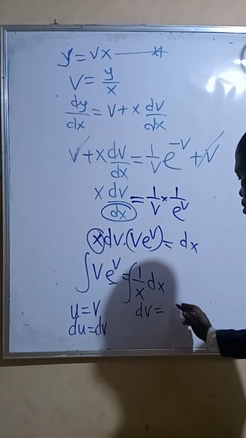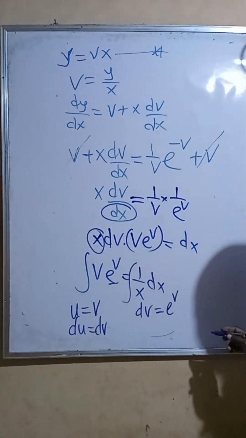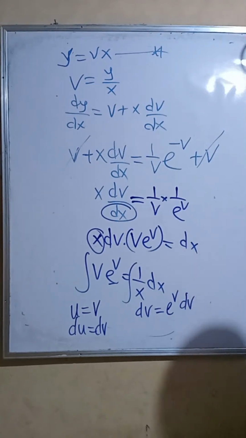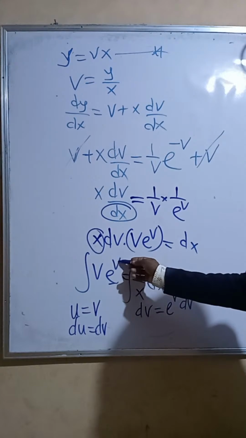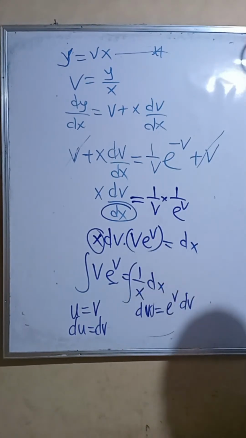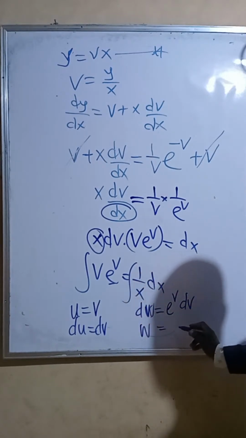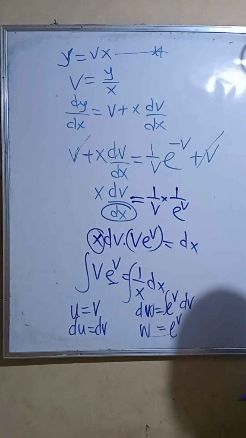The second function, dv, is e to the power v dv. To avoid tautology, since v also appears here, I'm going to change it to w. So integrate both sides. That'll be w equal to the integral of this one, that'll be e^v.